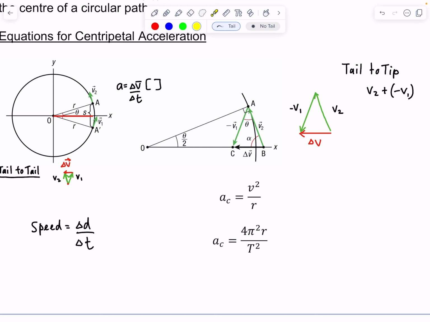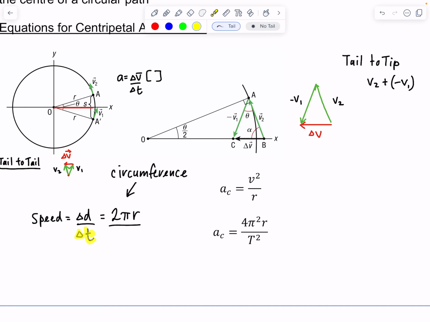For distance, we will put the distance traveled in one complete circular path, which is the circumference of the circle. Circumference can be found by the equation 2 pi r. And the time it takes to complete one complete path is known as the period, capital T.